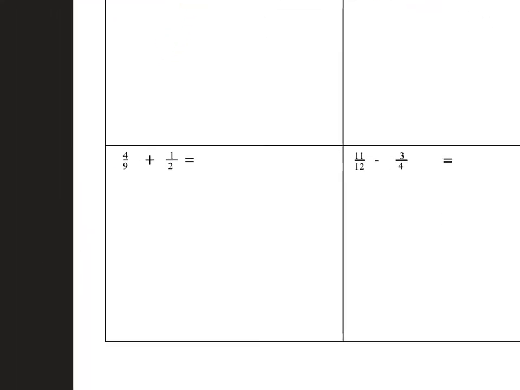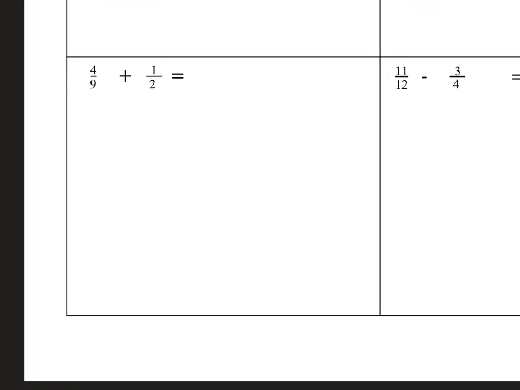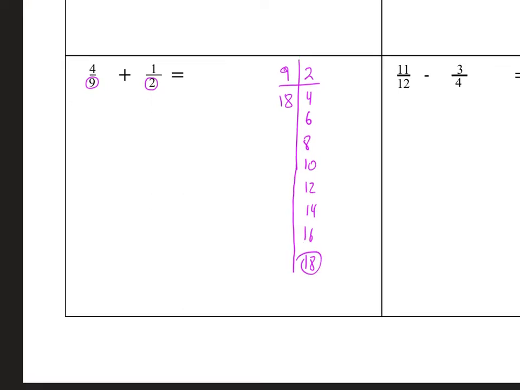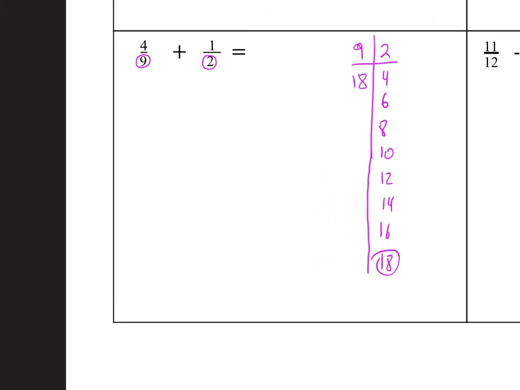Okay, let's come down here. Now I can see my denominators are different. So now I need that common denominator, and I know, right, 2, 4, 6, 8, 10, 12, 14, 16, 18. 18 would be a match there for my common denominator.